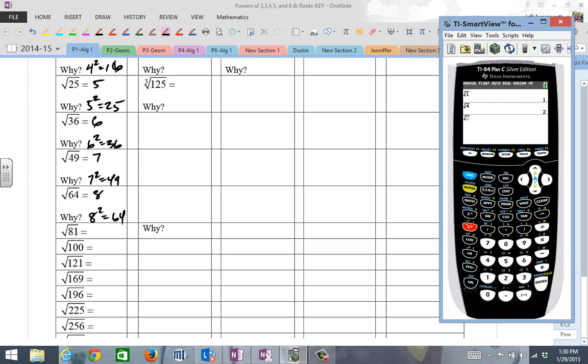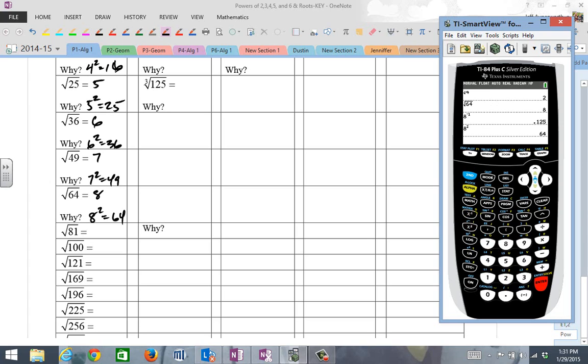You have to hit the blue button to access the square root. Enter in 64, hit the enter button, and you get 8. Why? Because 8 squared is 64. I hit the wrong button earlier there.